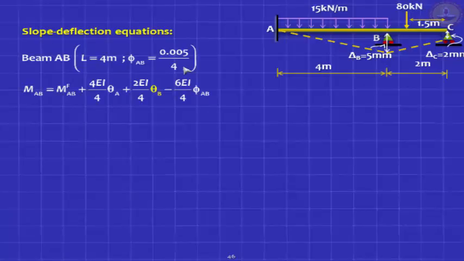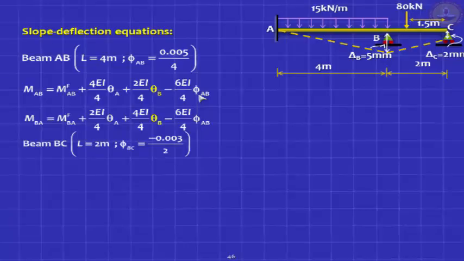And so your equations are MAB equal to MFAB plus 4EI by L into theta A plus 2EI by L into theta B minus 6EI by L into phi. Right? Where phi AB is known. Similarly, MBA is MFBA plus 2EI by L into theta A plus 4EI by L into theta B minus 6EI by L into phi.